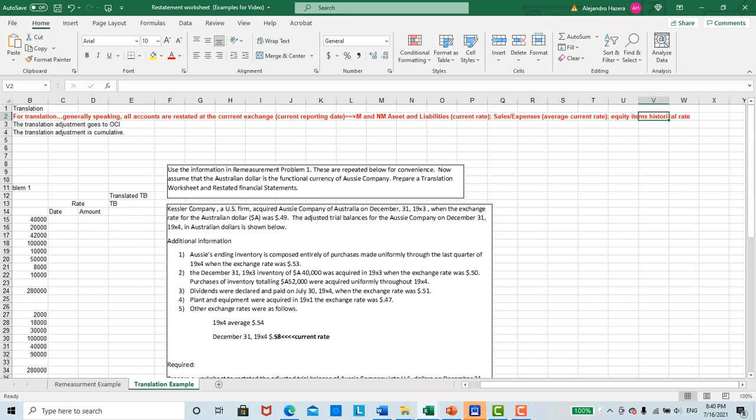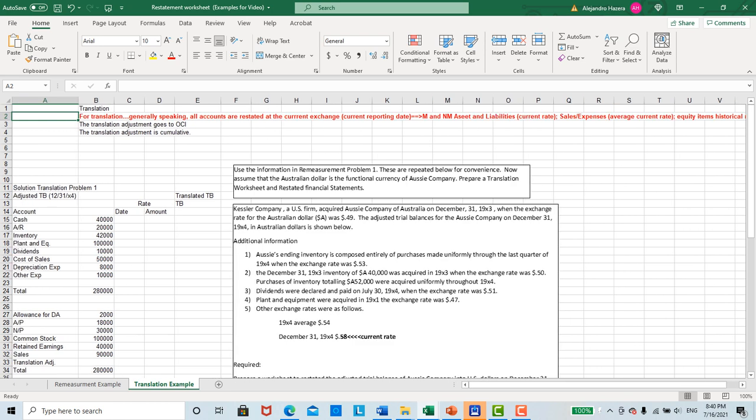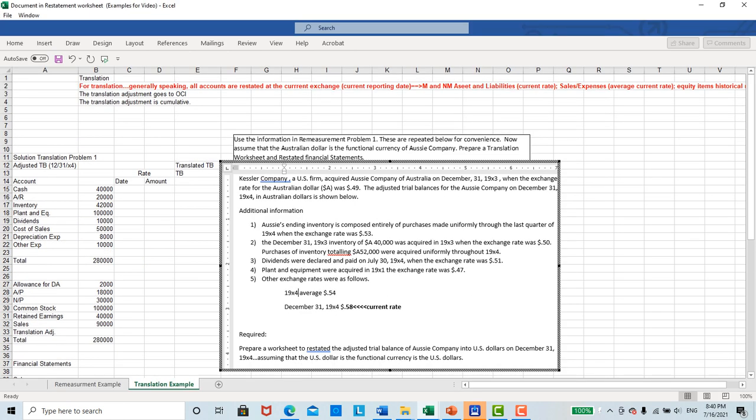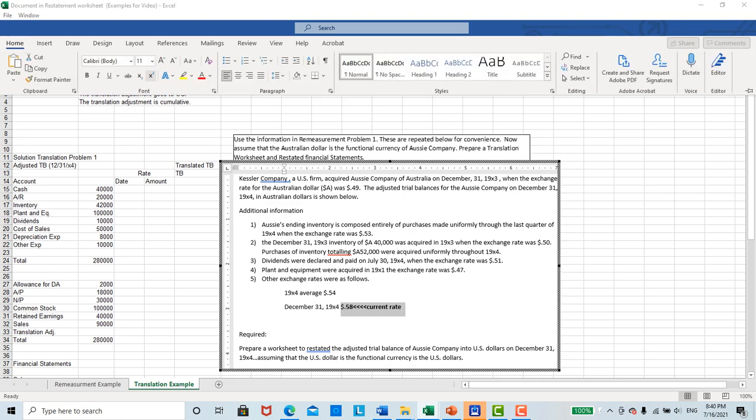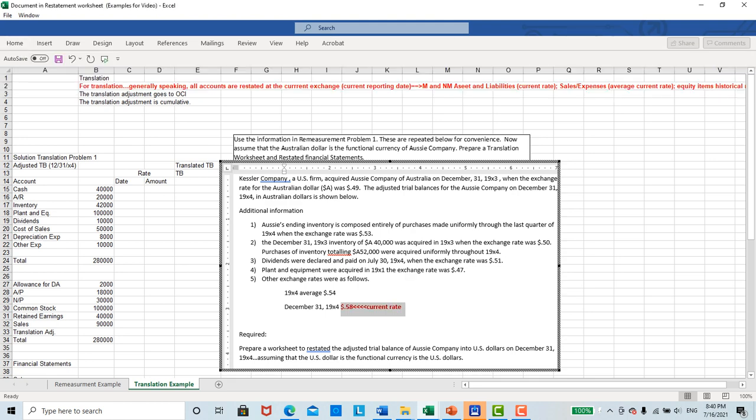Equity items are the one exception to the rule that you just use the current rate. So let's look at what major rates we could possibly use here. We're going to use basically all the rates, but what are the three really major rates? We're definitely going to use the December current rate, your absolute current rate at the end of the year.